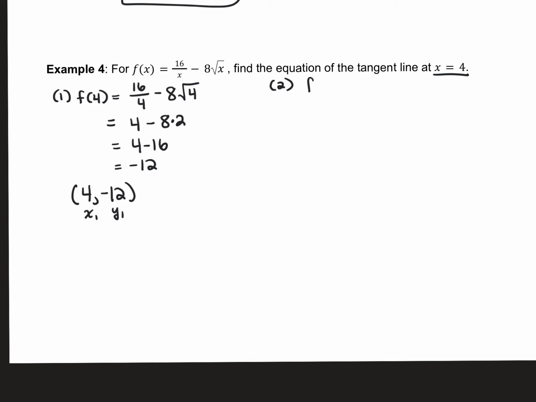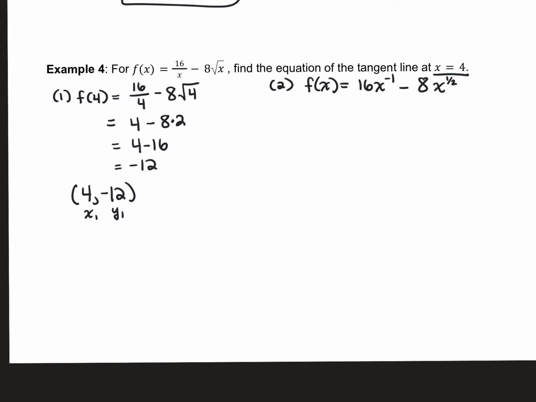It might be helpful to just rewrite the equation. So let me take a moment and rewrite my equation so that I have exponents and not these weird things happening, right? So 16 divided by x can be rewritten as 16 times x to the negative 1 power, minus 8 times the square root of x, which can be written as x to the 1/2 power.